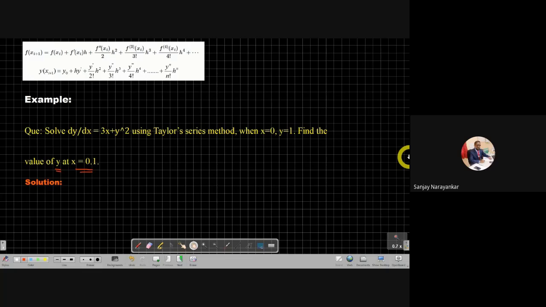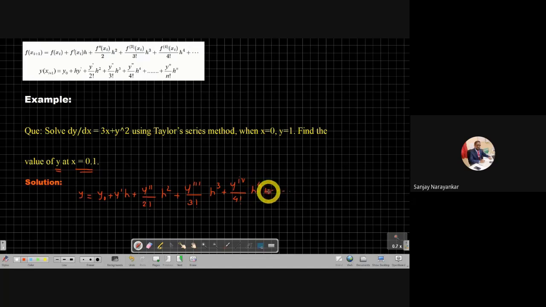So if I write the formula in known terms, y, which we have to find out, is equal to y0 plus y dash h plus y double dash upon 2 factorial h square plus y triple dash upon 3 factorial h cube plus y raised to 4, means the 4th differentiation upon 4 factorial h raised to 4.